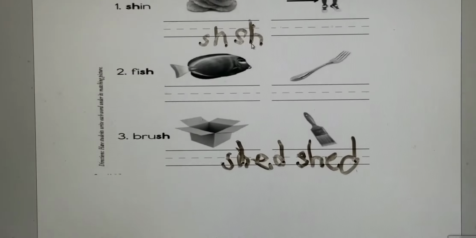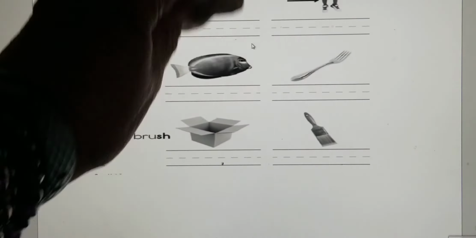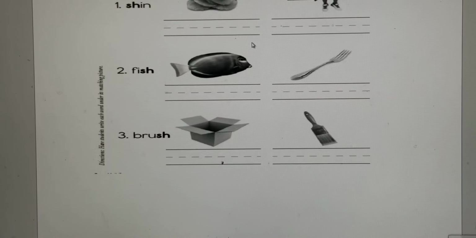Okay, so to complete this, and of course we have this one. Remember, boys and girls, if there is no way to get these pictures down, just write the correct name word underneath what it is pointed to. Okay?